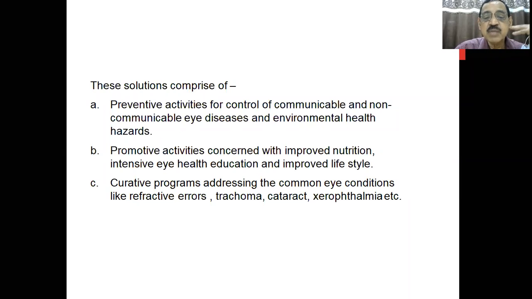So there are certain common eye conditions which cause blindness. They are refractive errors. In the case of refractive errors, if they are identified, you can prescribe suitable corrective glasses, and the patient's vision definitely gets improved.